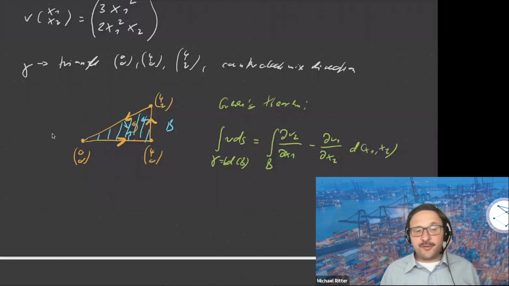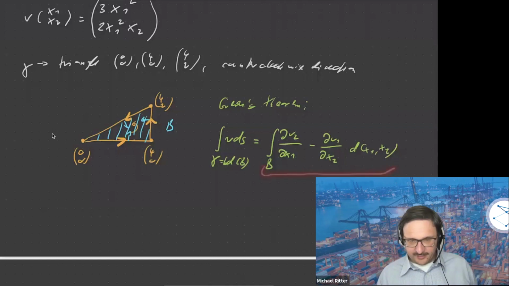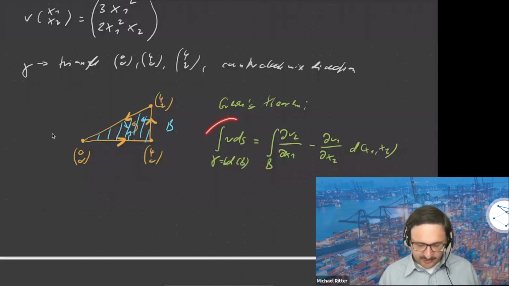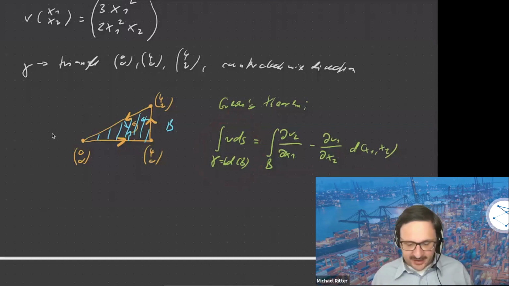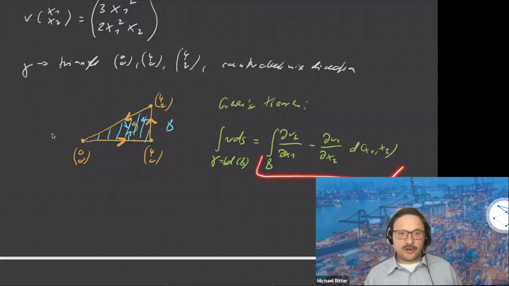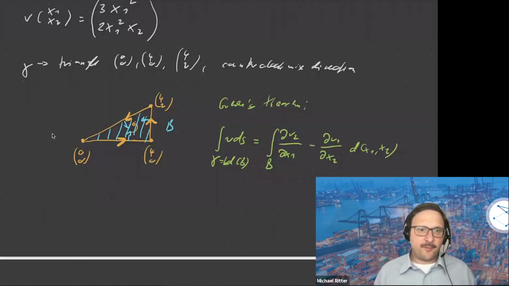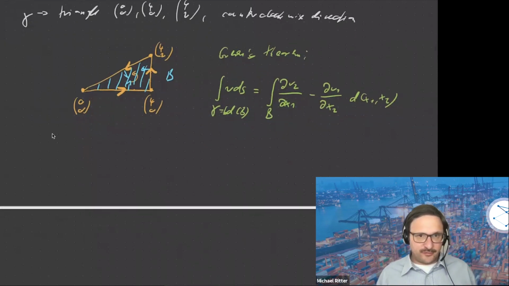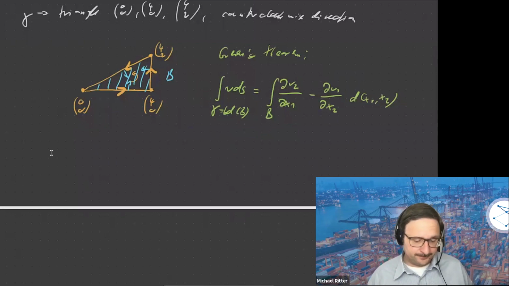And we want to compute that by solving this volume integral here. So that means we're going to compute this, and the setup is just right for that. And through that volume integral, we're going to get the value of this line integral that we actually want.